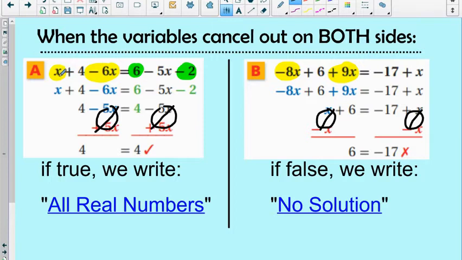So any number that you plugged in for x on the left-hand side of this equation, and also in the same equation for x on the right-hand side, the left-hand side's value would be the exact same as the right-hand side's value. That's what makes the equation true. So basically, any number that you plug in and check the answer will give you a true statement.